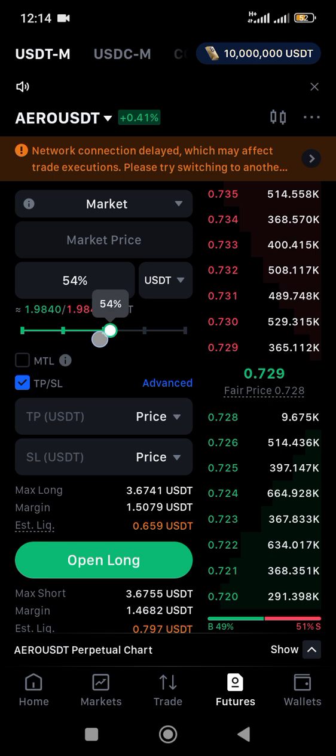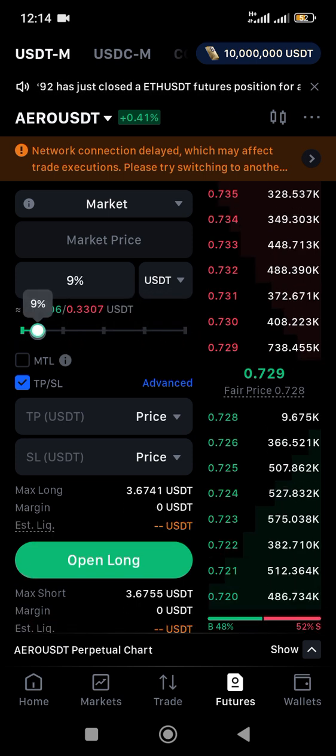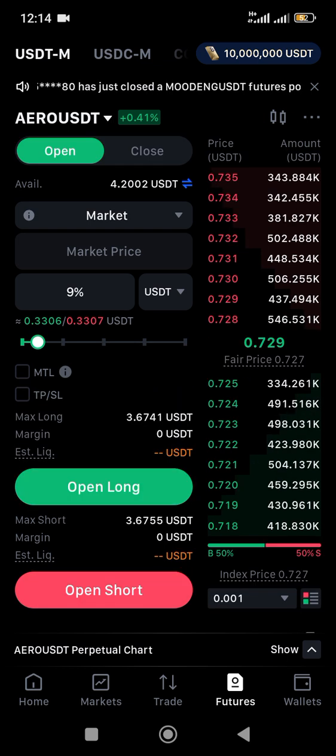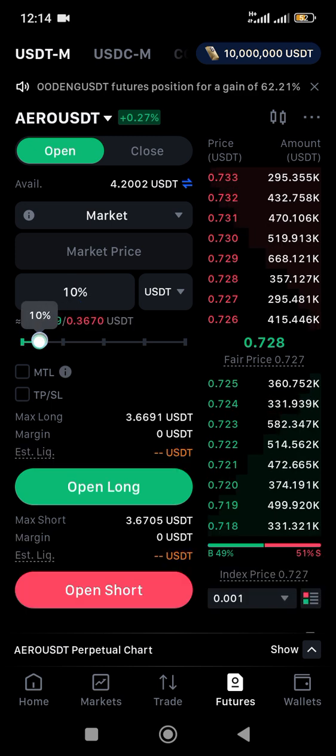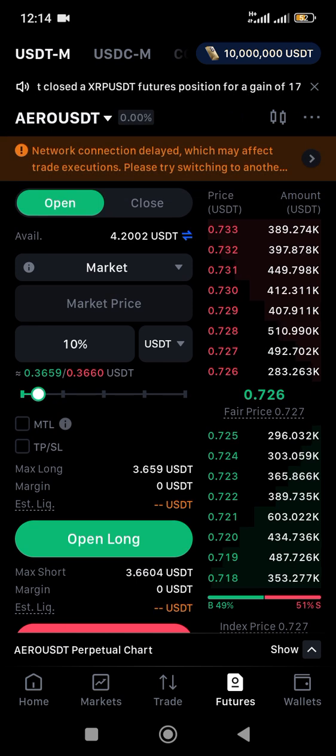So this is where you set it. You can see the percentage showing here. If I say let me use 10% of my trading capital, it means 10% of this is the percentage here. 10% of my trading capital is just 0.3659.